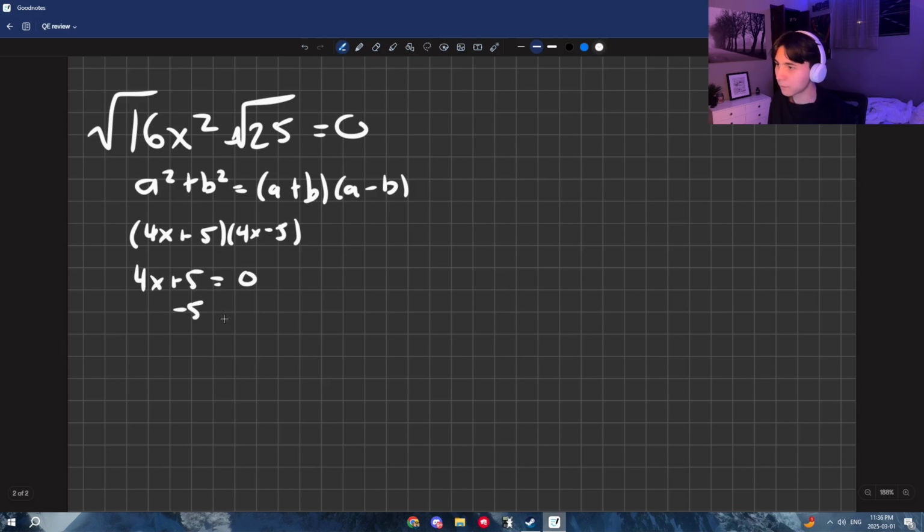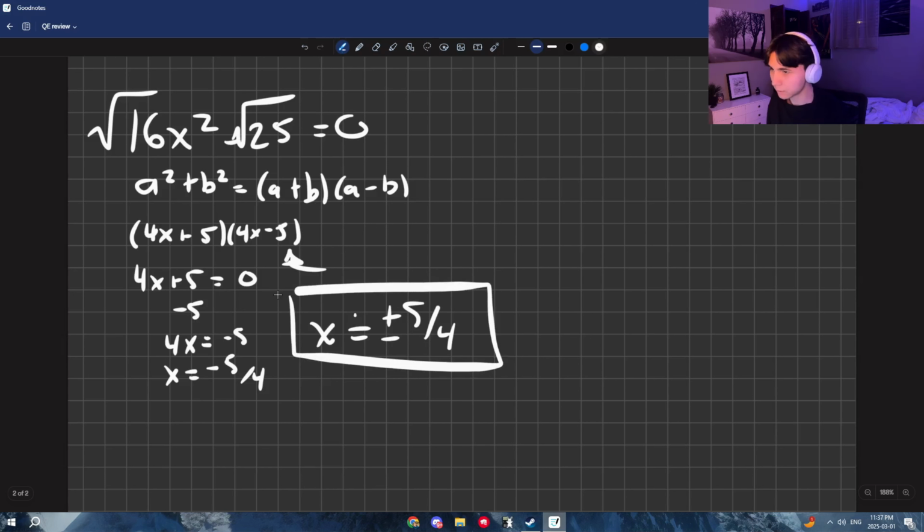Subtract 5: 4x equals negative 5. x equals negative 5 over 4. But x equals plus or minus 5 over 4, because the other factor will give you positive 5 over 4, so we can just rewrite it as x is equal to plus or minus 5 over 4. And that's how you solve by using difference of squares.